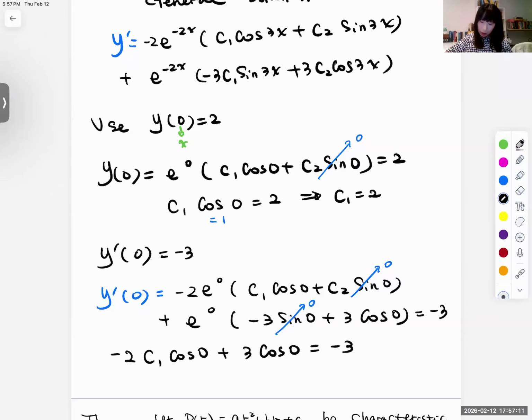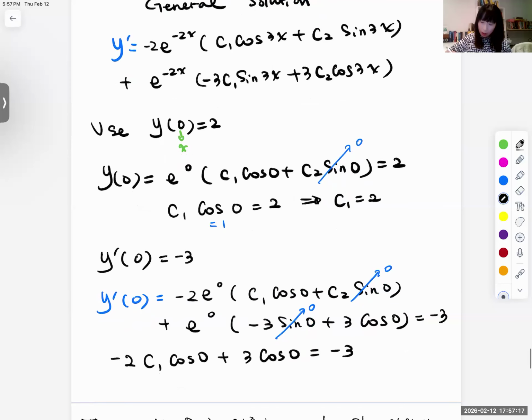Missing, hold on 1 second, missing c sub 1. So negative 3 c sub 1 is missing, right? So let me write down negative 3 c sub 1 and plus 3 c sub 2, right?